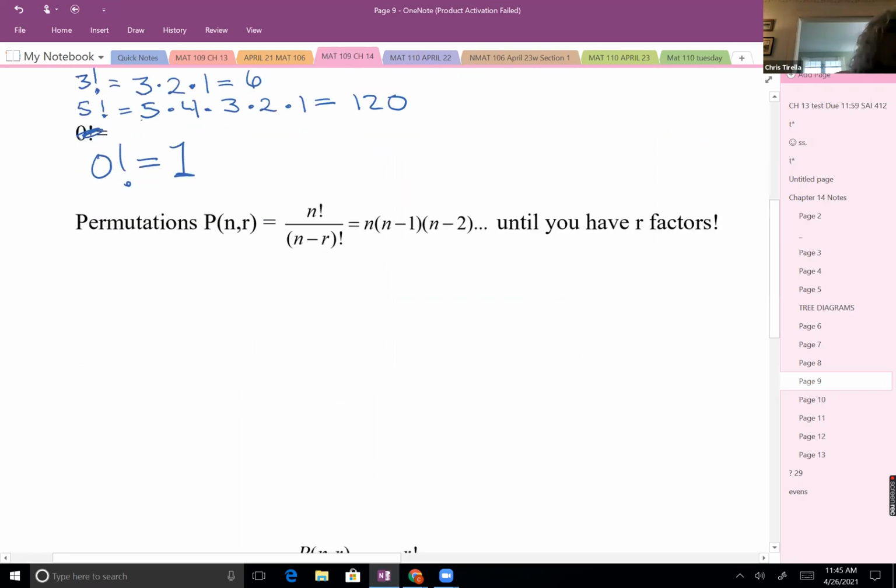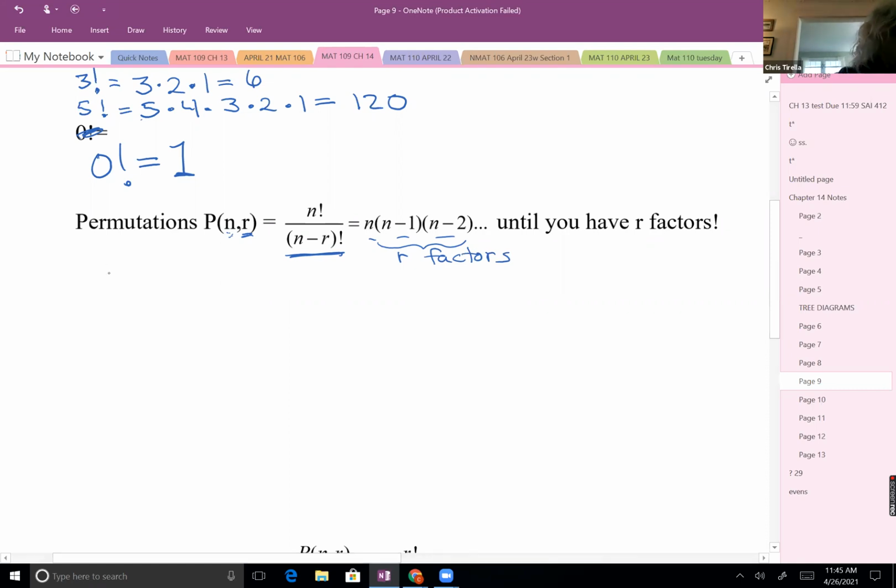And so permutations, there are 2 ways of looking at it. One is this formula. And the other is to say, okay, I'm going to multiply starting with n until I have r factors. I kind of like that second definition better. But let's look at it.